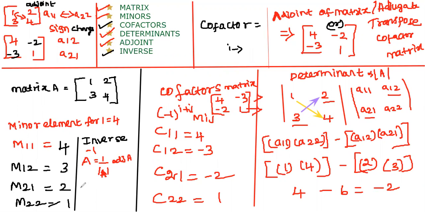So 1 divided by determinant of A. We found the determinant of A already, which is minus 2. I can use that here. So it's going to be 1 upon minus 2. And adjoint of A also we know. We found it here, so I'm going to use it. That is nothing but 4, minus 2, minus 3 and 1. That's it. So we found the inverse of a 2 cross 2 matrix.